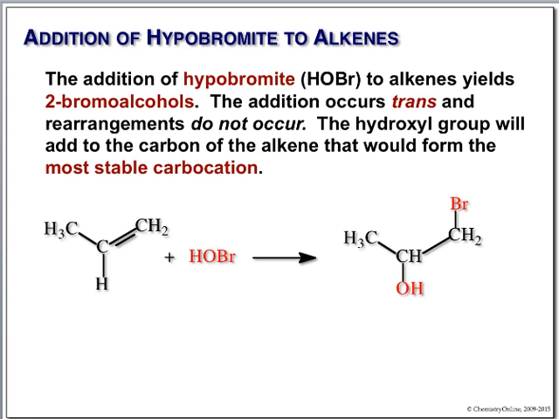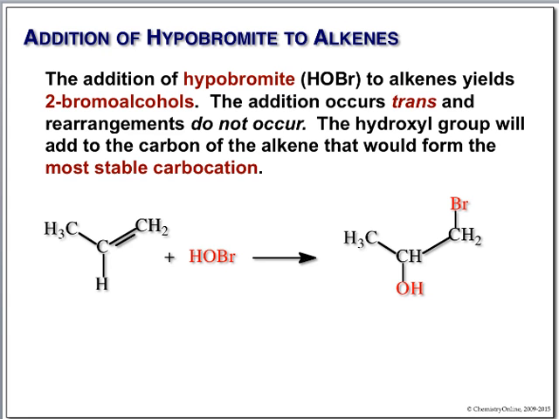So again, the addition is 1,2. That is, they're adjacent to each other. It's actually a haloalcohol, in this case a bromo alcohol. Just like with the addition of bromine, the halogen and the hydroxyl group come in trans to each other.